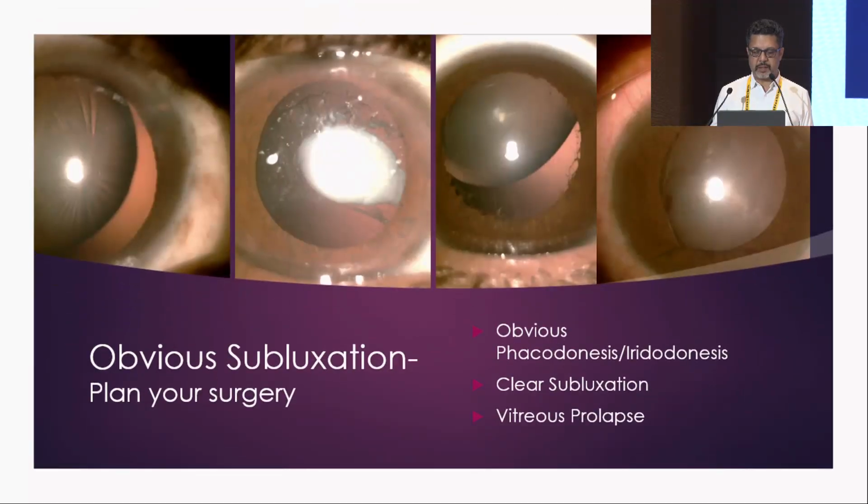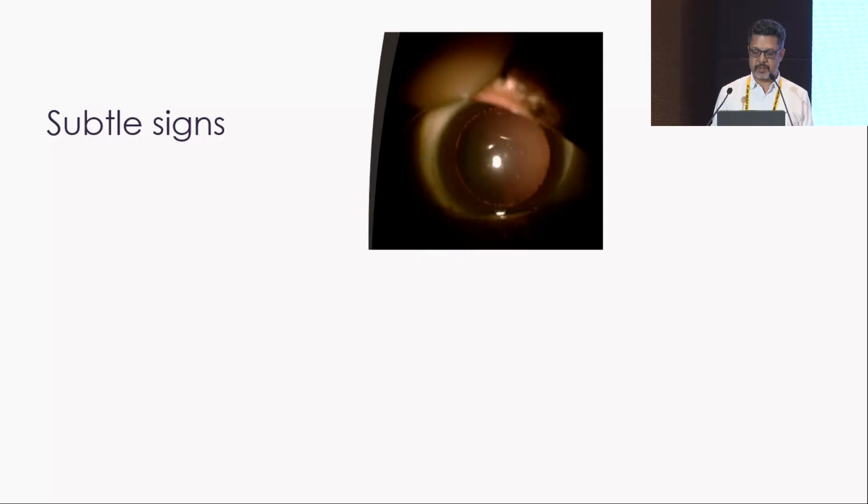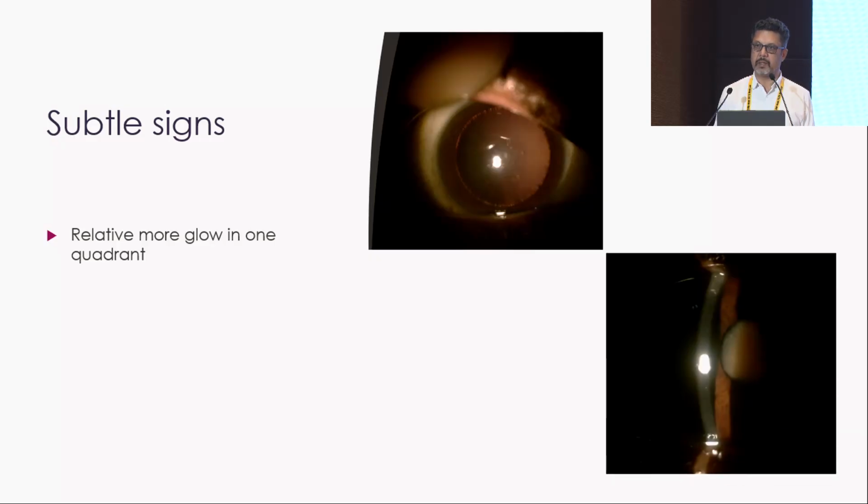So if the subluxation is obvious, you do all the detailed examination and you can plan the surgery. But importantly, what we do is miss the subtle signs. So what are the subtle signs? You will sometimes get an exaggerated glow, some kind of peripheral glow in some quadrant, and sometimes you will get a clear-cut iridolenticular gap. Usually the iris and anterior capsule of the lens are apposed.